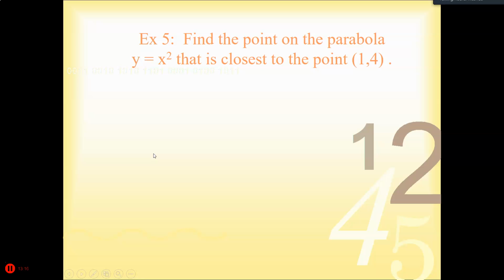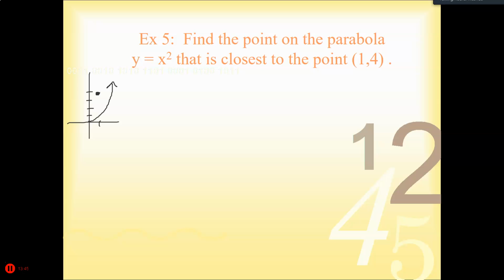Okay, find the point on the parabola y equals x squared closest to the point (1, 4). So in our heads, we're imagining this parabolic curve. So here's your y equals x squared. And we have the point living out in space, (1, 4).